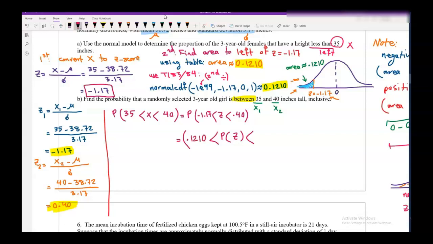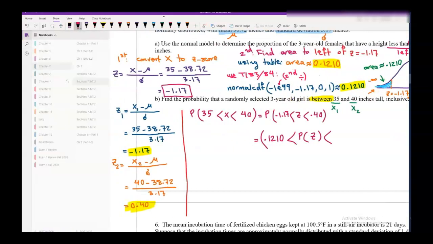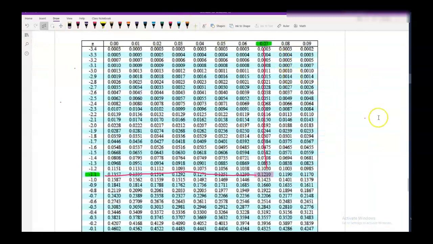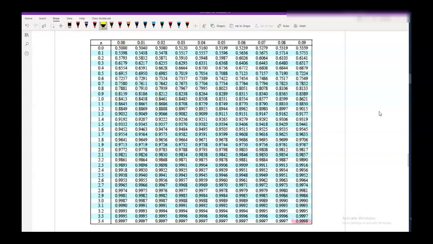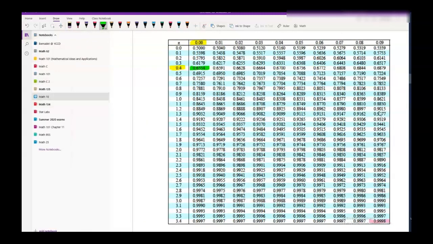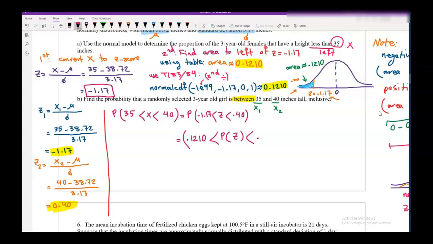Now use the table to find the area when z is equal to 0.40, and the answer for this area is 0.6554. So the answer is 0.6554 minus 0.1210. Subtract. Our answer is 0.5344. So this is the answer using the table.